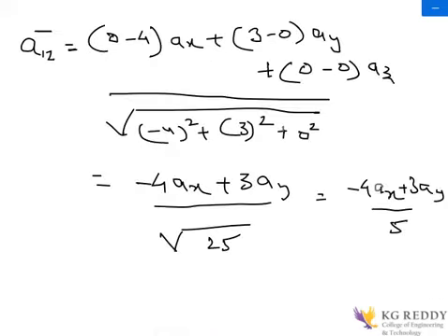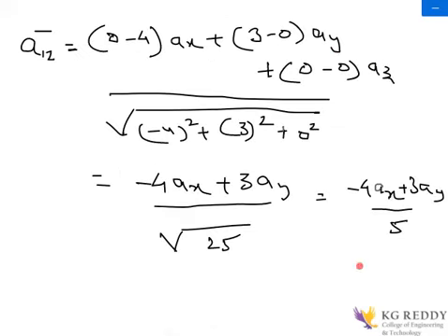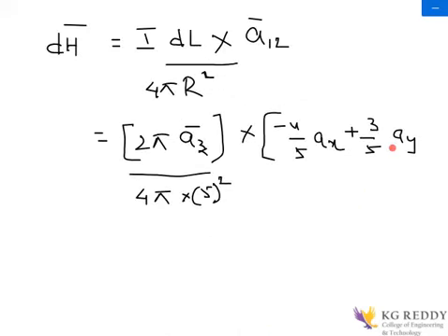So the a12 equation also we got as minus 4 by 5 ax plus 3 by 5 ay, right? So see here, 3 by 5 ay. So this is the equation which we got.